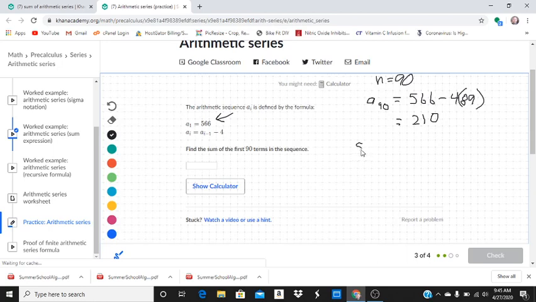So our sum of 90 terms equals the number of terms, 90, times the first term, 566, plus the last term, 210, divided by 2.